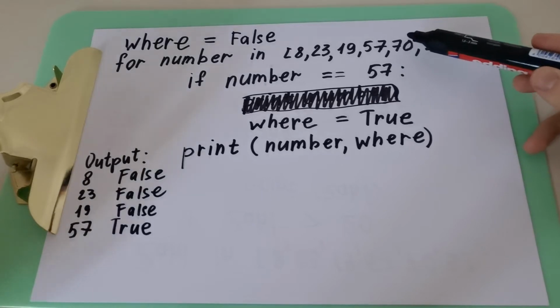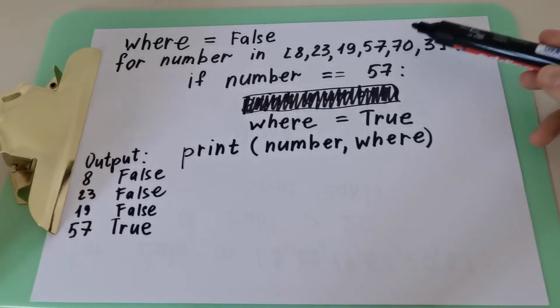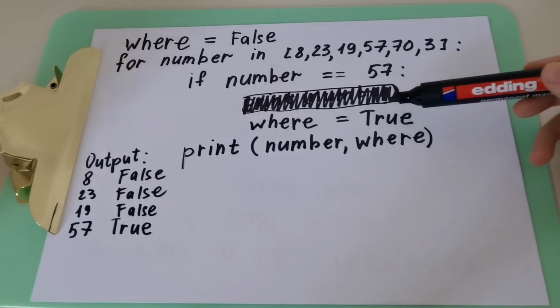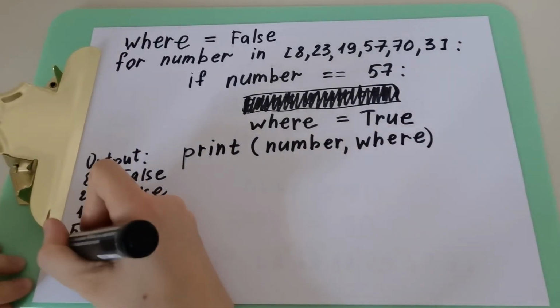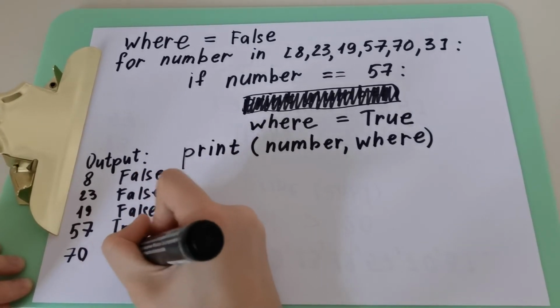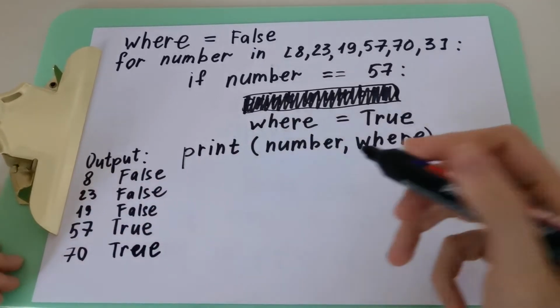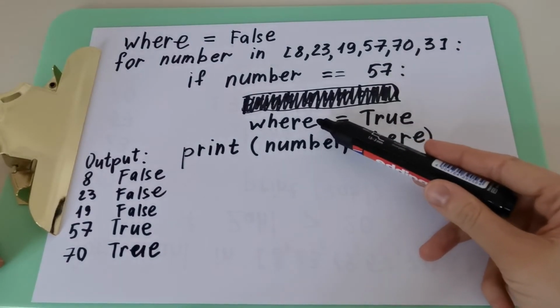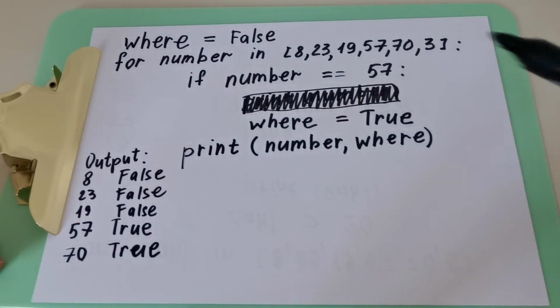70 is not 57, of course, but it continues to be True. So after 70, you see True, in spite of the fact that this is not 57, but it continues because we changed this variable after 57.